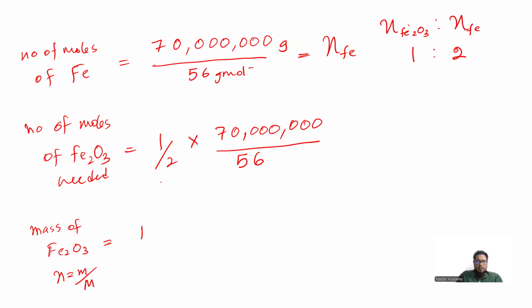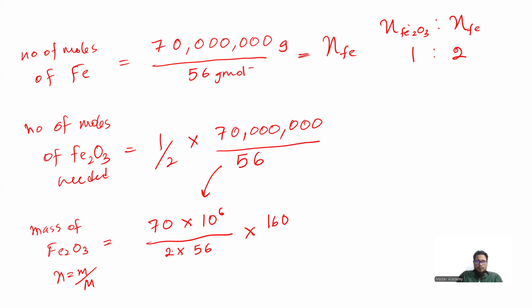So here shall I write it a little bit in an easy pattern? 70 into 10 to the power 6 divided by 2 into 56. Mathematically I have made it a little bit shorter. Into molar mass of Fe2O3. Earlier also I showed you how to get it. We are getting 160.